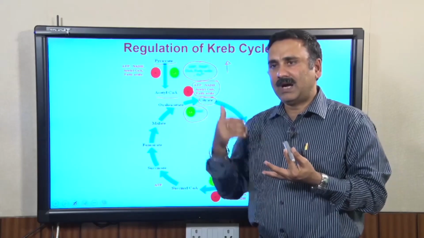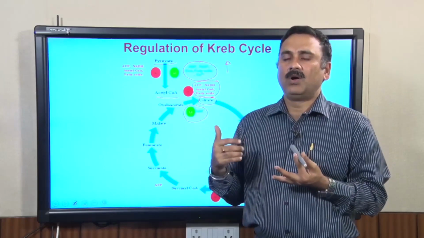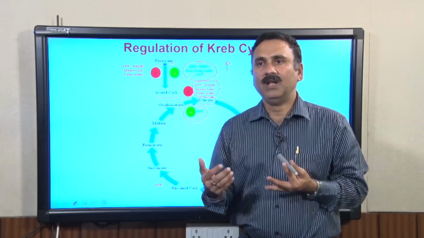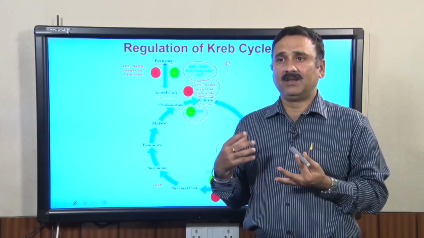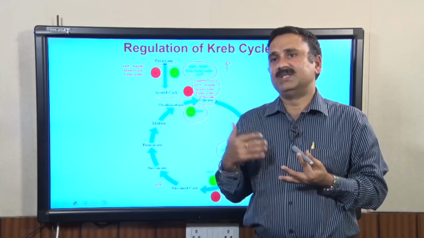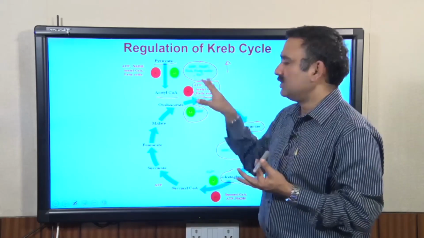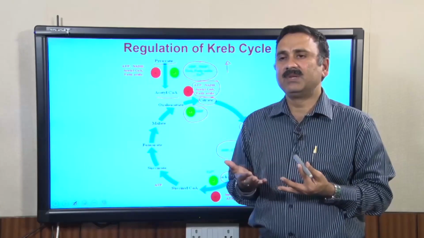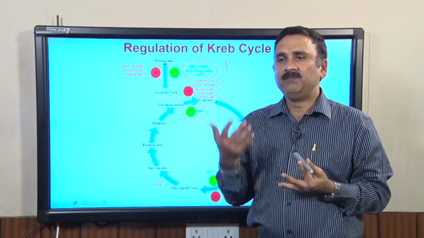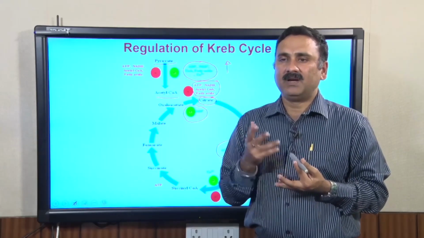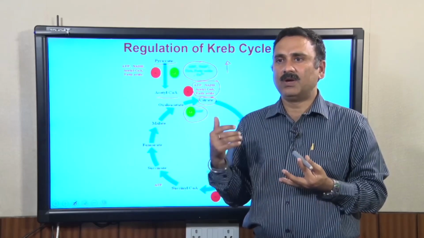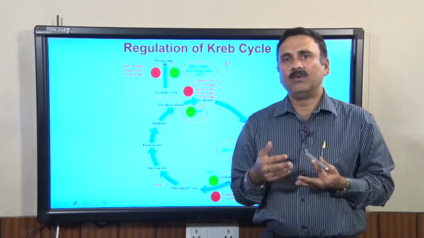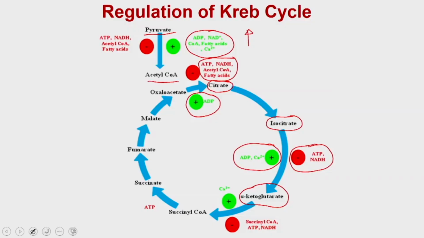But if there is a large quantity of NAD or ADP in the cytosol, which signifies that the cell is in a low energy state, then that is going to upregulate the activities of different enzymes, and that is how it is going to enhance the different reactions, and that is how you are going to see more Krebs cycle activity.